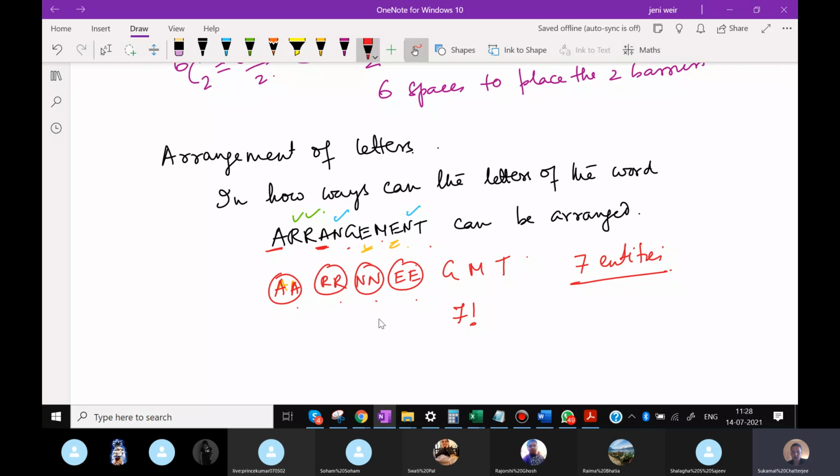But here I have repetition of A, R, N, and E. That means I can arrange them in factorial 7 divided by factorial 2 into factorial 2 into factorial 2 into factorial 2, because these are being repeated.